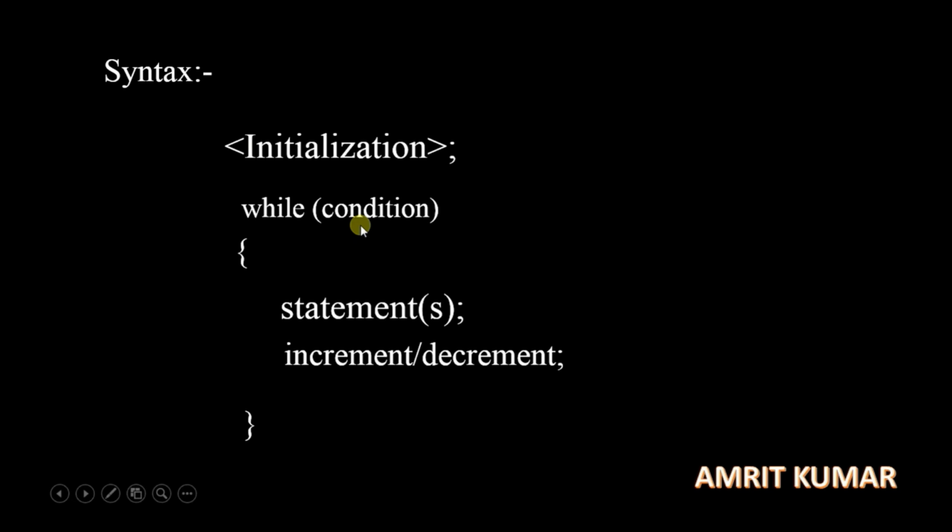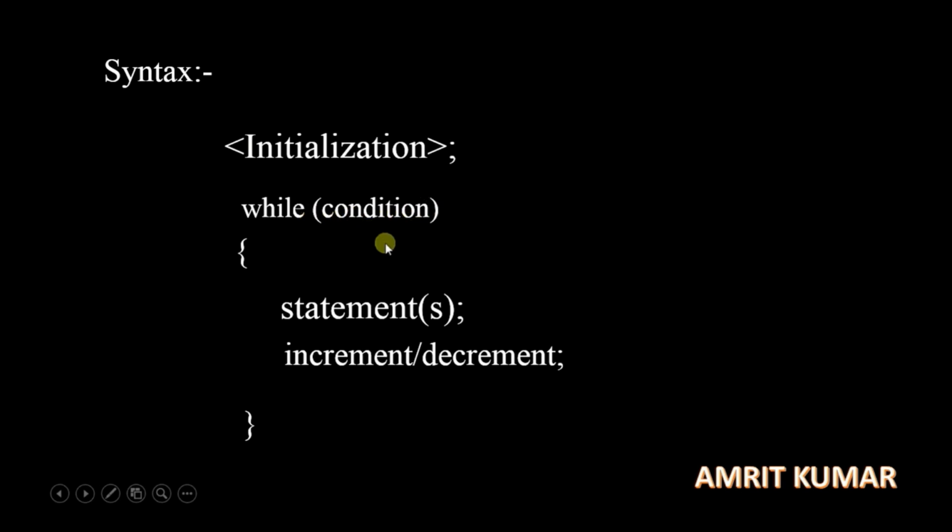Actually, we are working on the same rule, based on the looping concept. What differs is the syntax. For the while loop, the syntax is this: you have to initialize the value first, then in the while statement, open the parenthesis and write the condition.